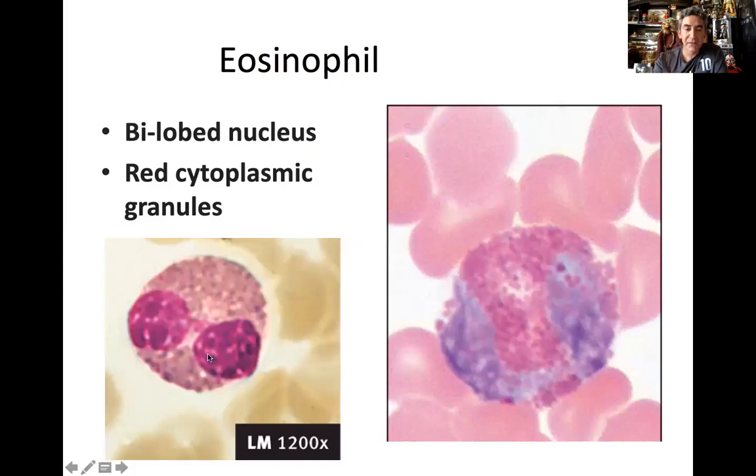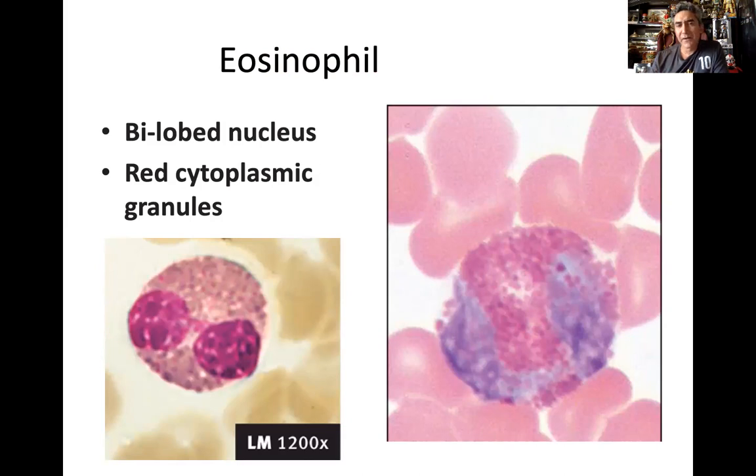I always think they look like little sunglasses. Another student said they look like a bikini top. But again, a bilobed nucleus, two nuclei connected by that little extension, and we have the red granules here. So eosinophils.